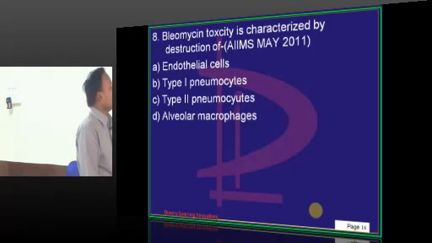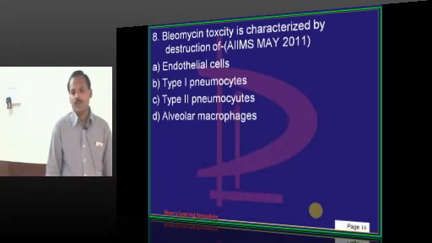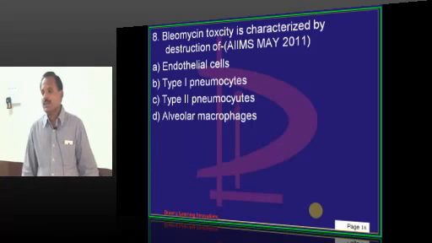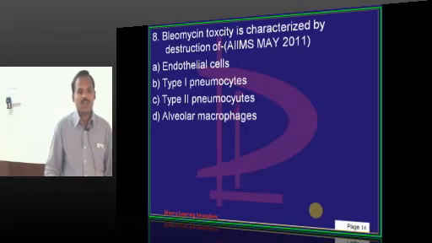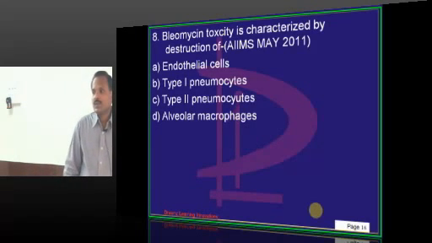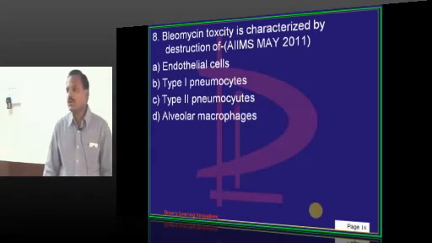Bleomycin toxicity is characterized by destruction of what? This bleomycin is peculiar because it damages the type 1 pneumocytes in the lung, and you all know that the type 1 pneumocyte, once it is damaged, cannot be replaced. The type 1 pneumocytes do not have the ability to proliferate.